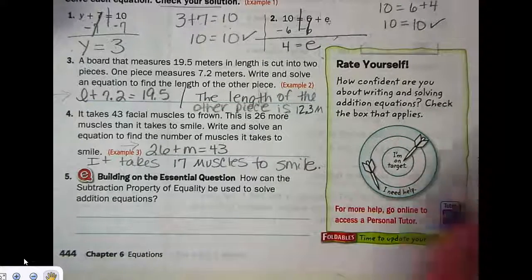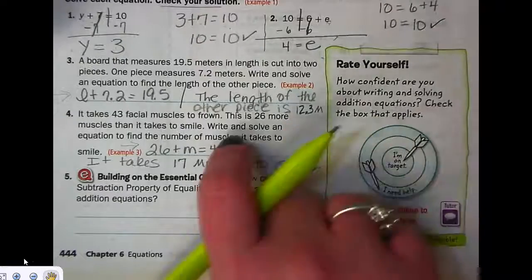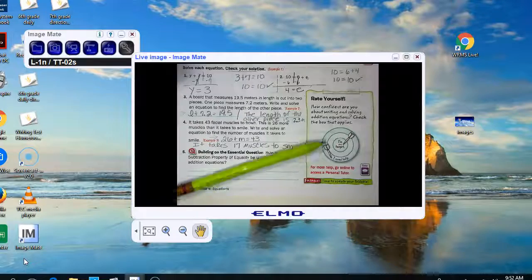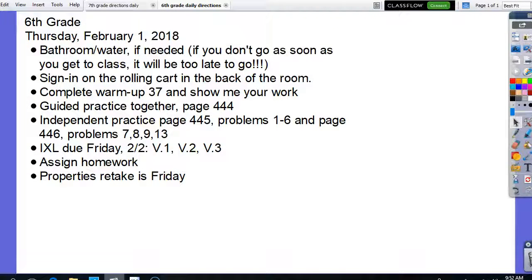All right, so you're working on your independent practice. Page 445, problems 1 through 6. After you do 1 through 3, bring it to me and let me see.